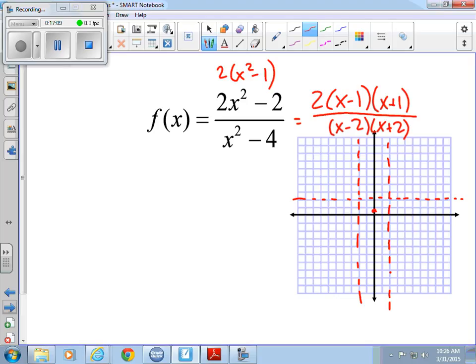Then you get this 2 in front, so it distributes in. So factor out the greatest common factor first, and then do the difference of perfect squares.